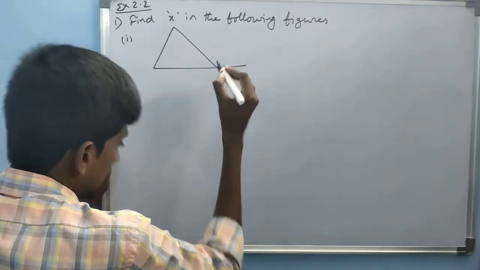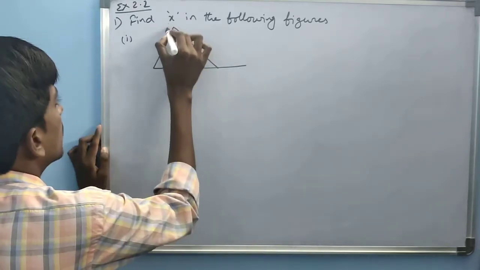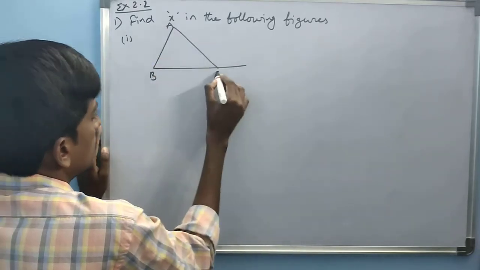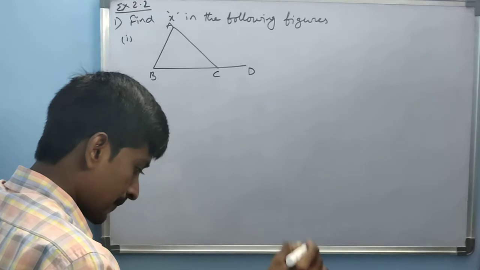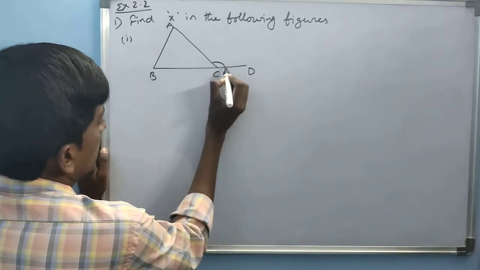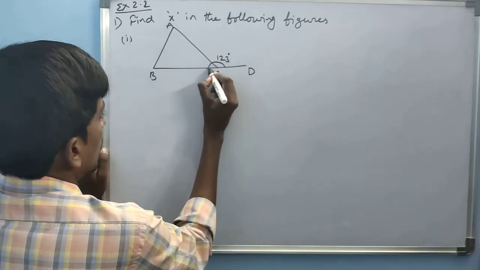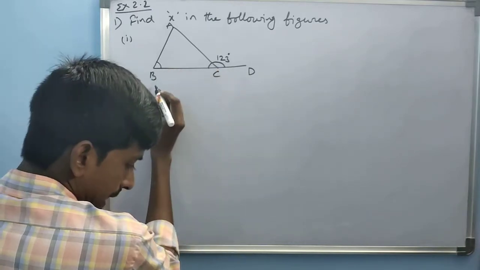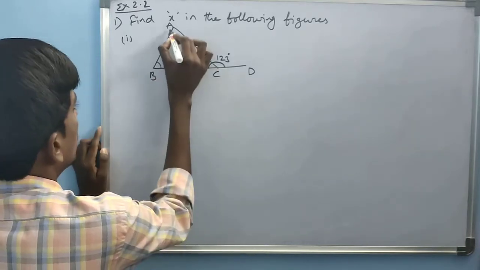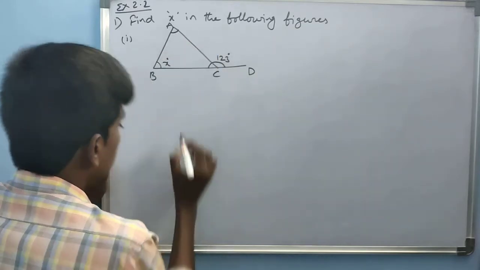A, B, C, D. Here the angle 123 degrees is given. This angle is x degrees and this angle is 56 degrees.